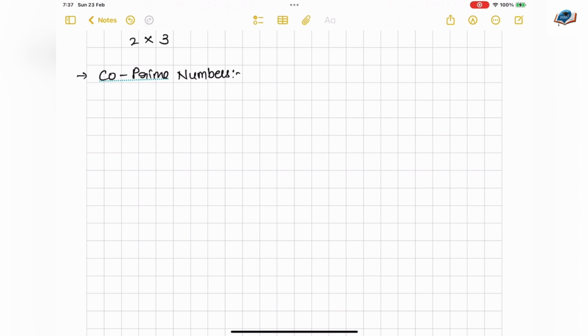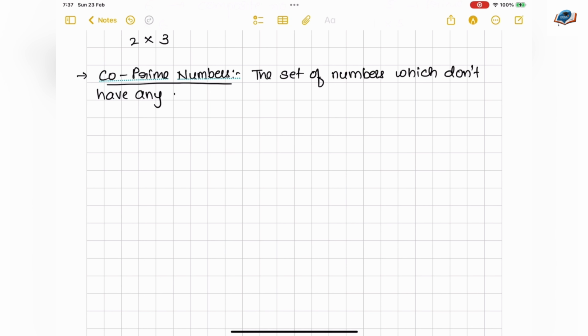The set of numbers which don't have any common factor other than 1 are called co-prime numbers.